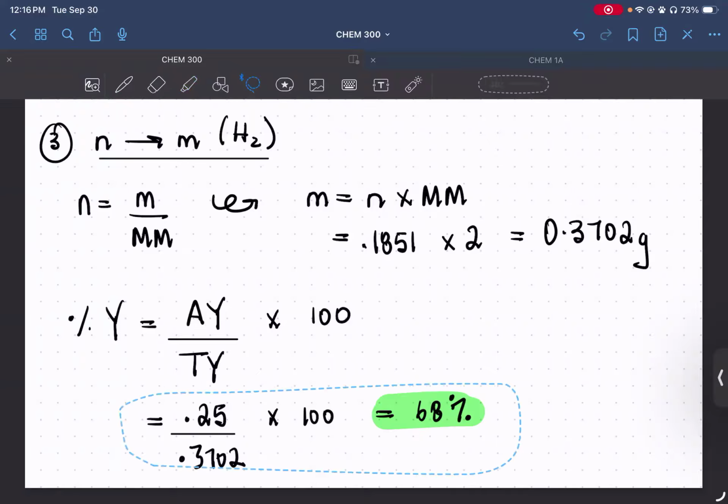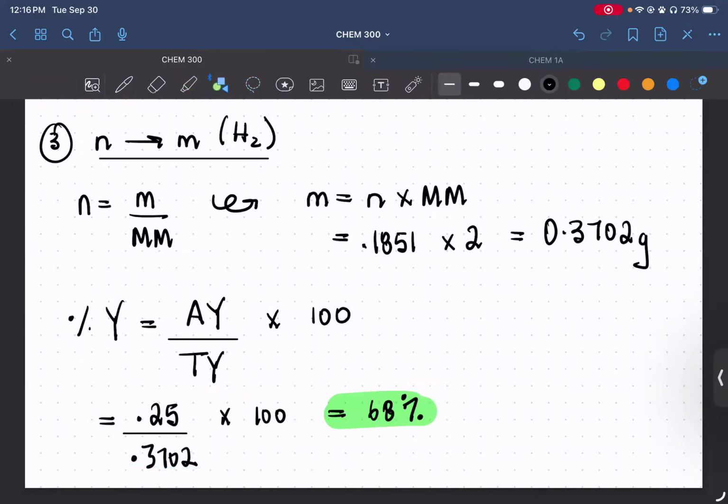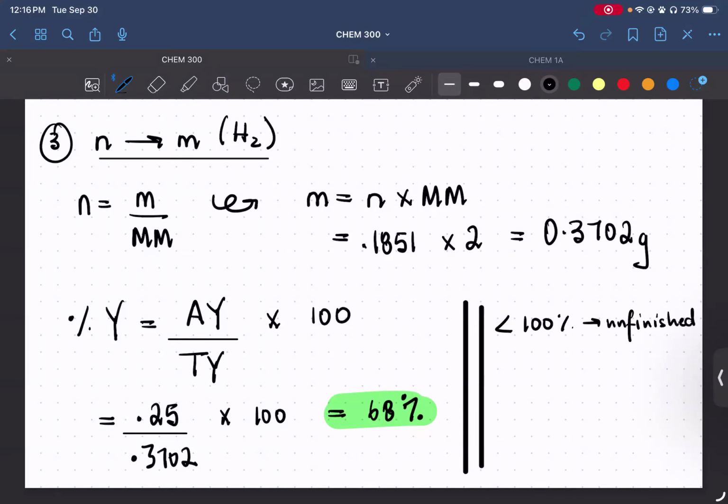Now, the concept of yield being a measure of success is a bit nuanced to understand. Because we can easily say that if the yield is less than 100%, most likely the reaction is unfinished. Maybe it has somewhere to go, maybe it just needs extra time. If the yield is a perfect 100, then that's what we call a success.